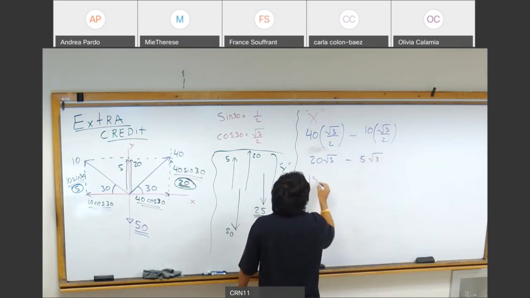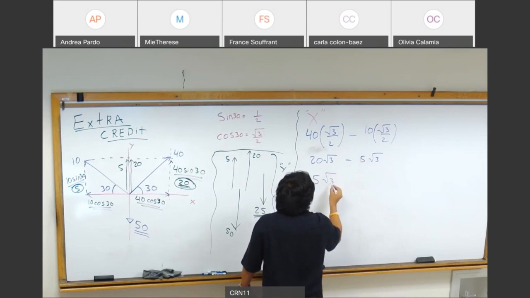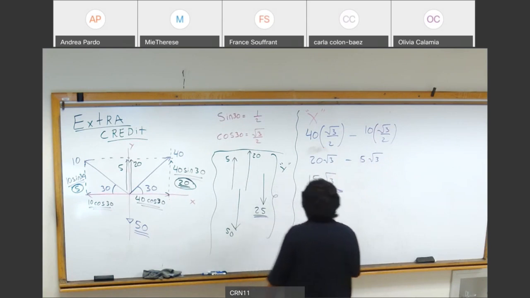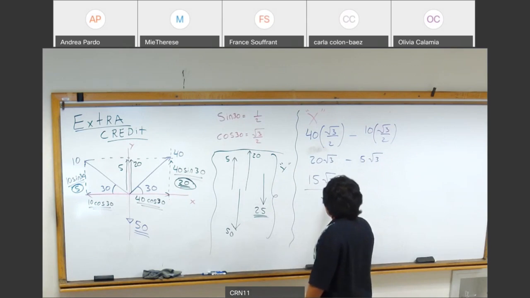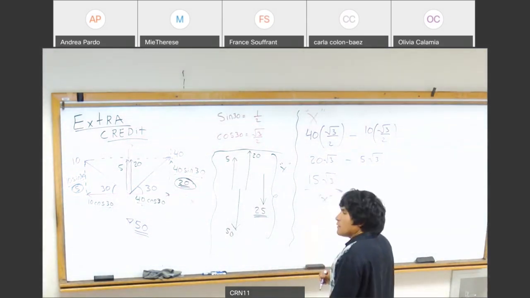This is 15 root 3 to the right. And that's it. That's on the x direction.